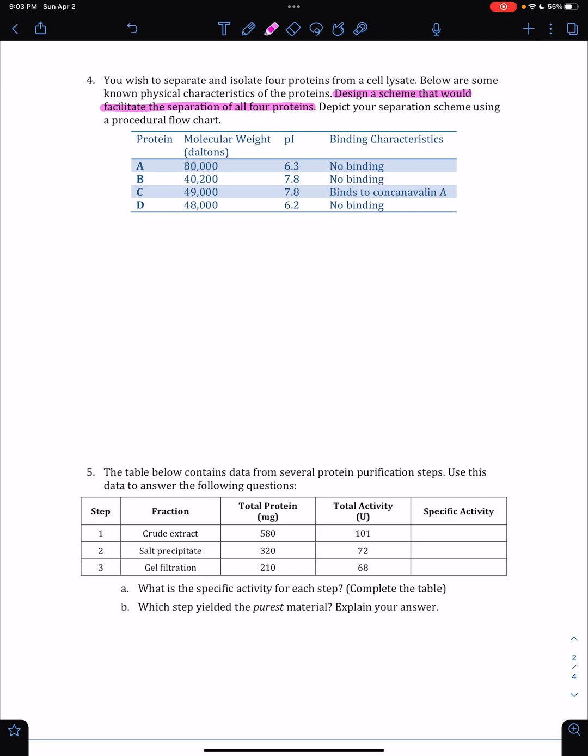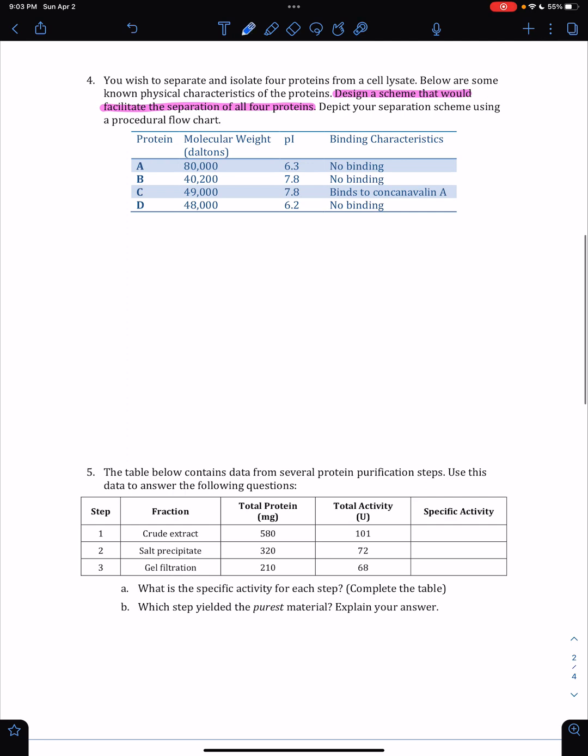Okay? All right. So we have differences in molecular weight, differences in isoelectric point, and differences in binding characteristics. So these 3 categories of things just immediately bring to mind 3 different categories of techniques.